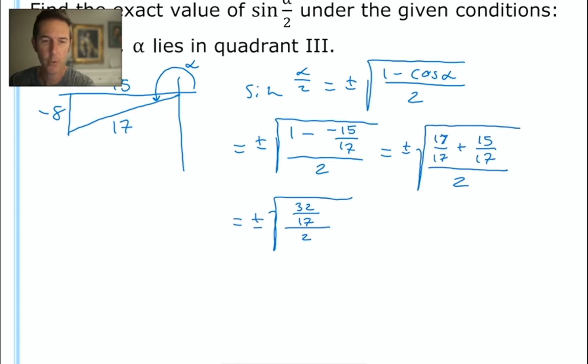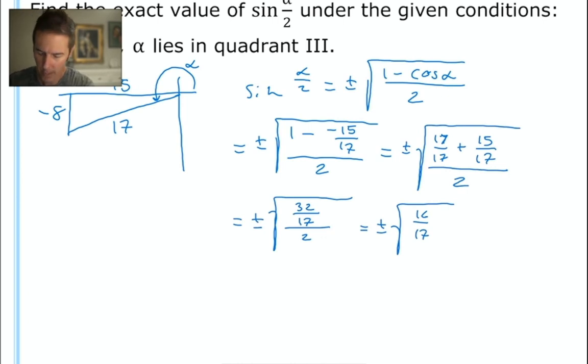Well, if I had 32 apples and I divided by 2, I'd only have 16 apples left. Here I've got 32 seventeenths, and I'm going to cut that number in half, which leaves me with plus or minus the square root of only 16 seventeenths, or 16 apples.